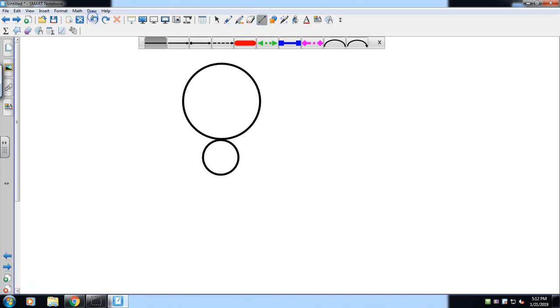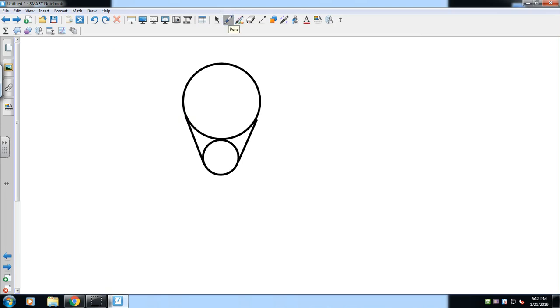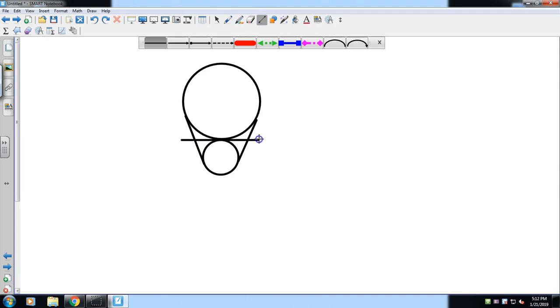So I've got that one, and I've got that one. Nope, this one would have 3, because I could have one that went like that, couldn't I? So this one's going to have 3 common tangents.